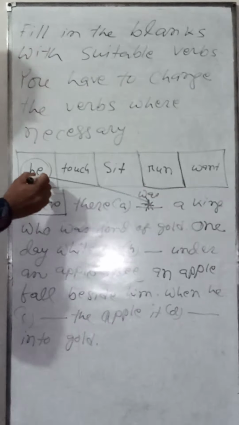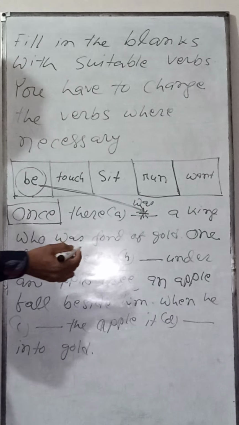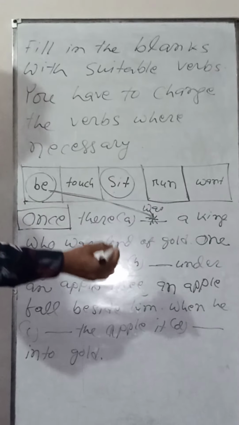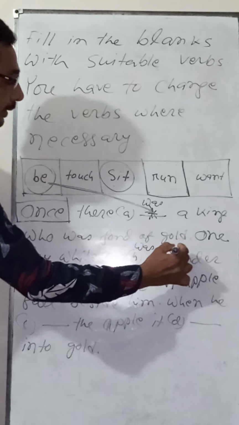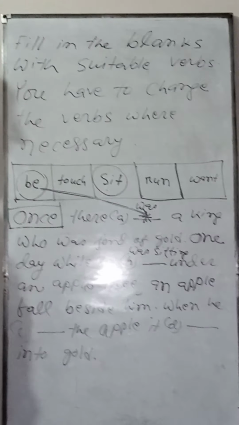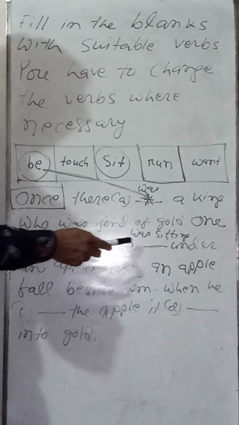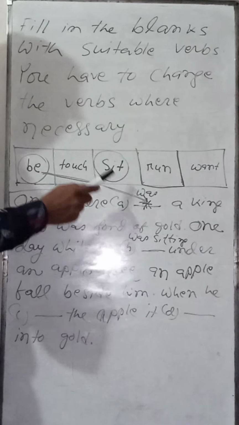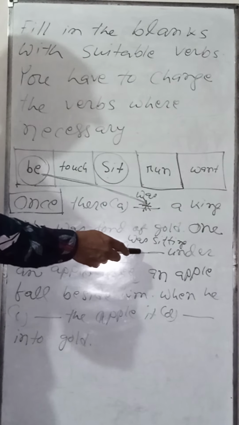Who was fond of gold? One day, while he dash, while he was sitting, use sitting here, and you have to write down while he was sitting. Why? Because the action was going on. He was sitting. The verb was going on.